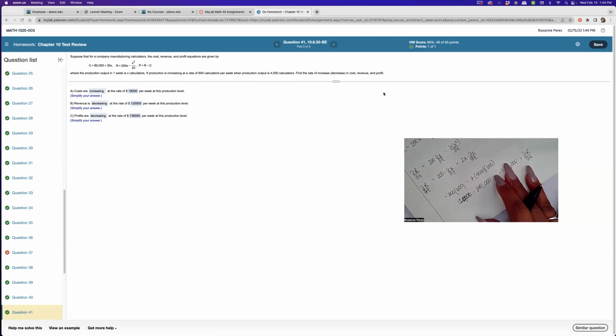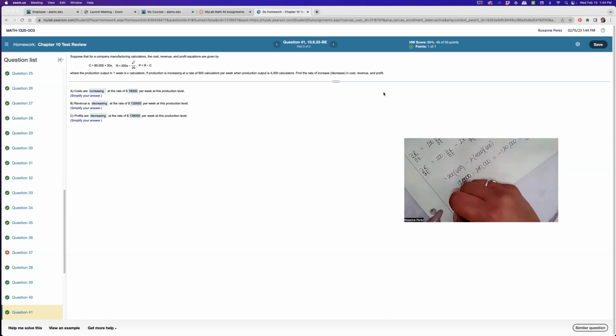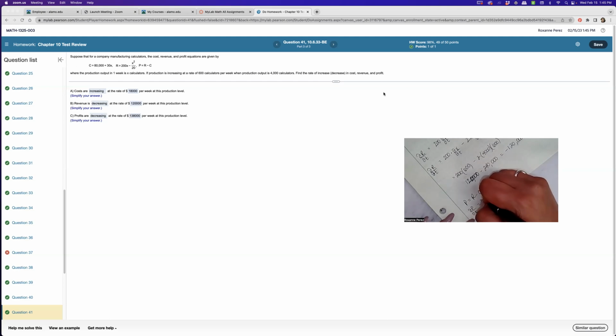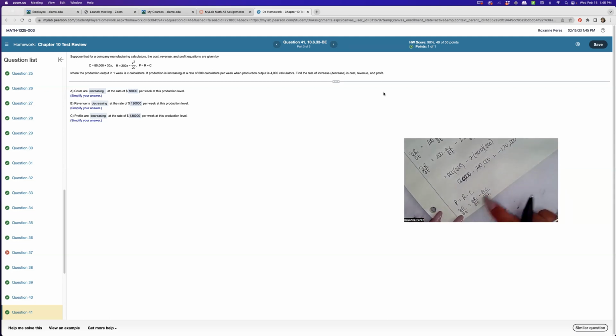Okay, so now we need to find the change in your profit. So we know profit equals revenue minus cost. And if we take the derivative of each of these terms with respect to t, that's going to give us the derivative of p with respect to t equals the derivative of r with respect to t minus the derivative of c with respect to t. And for these two terms, we already have a value.